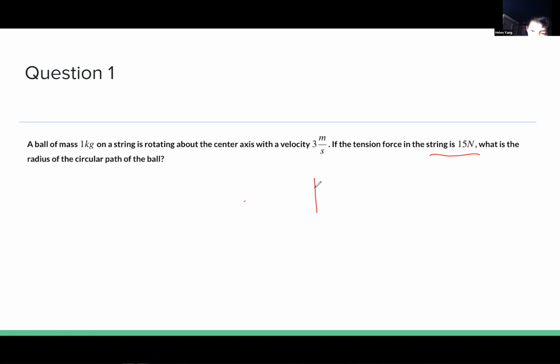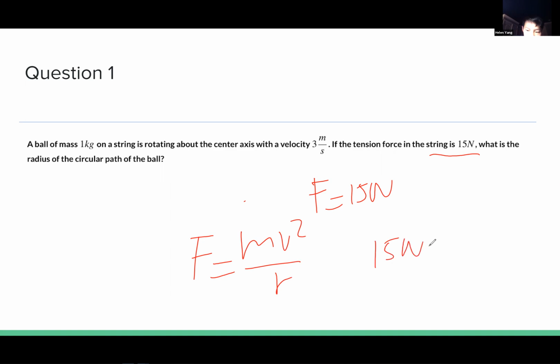So you're given that the force is 15 newtons, and you can plug this into the equation F equals mv squared over r. F is 15 newtons, mass is 1, the velocity is 3 squared, and r is r. So r is equal to 9 over 15, 3 over 5, or 0.6 meters.